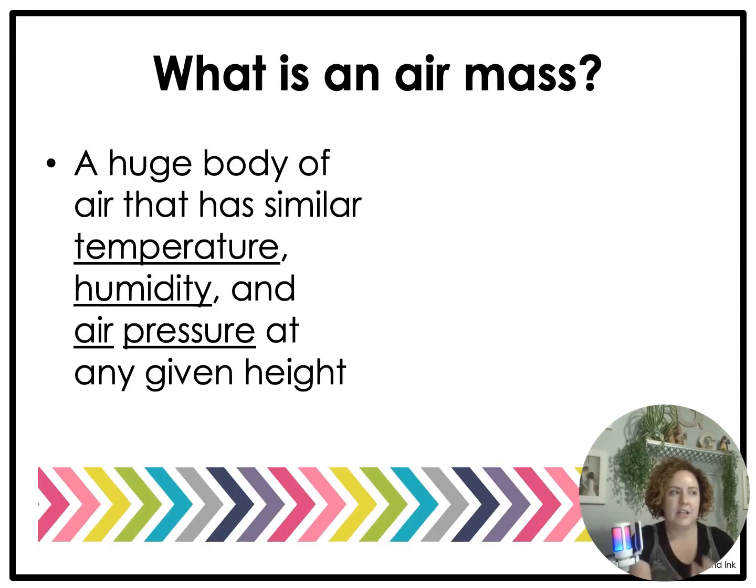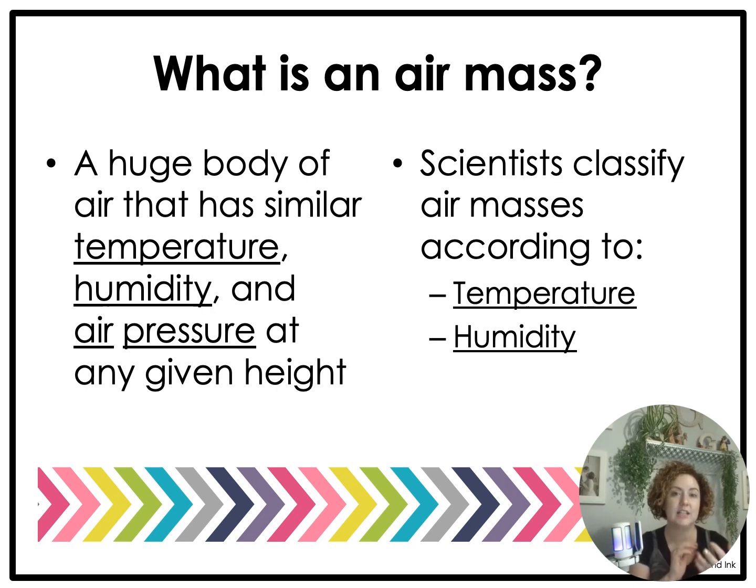Well, we know that an air mass is a huge body of air that has similar temperature, humidity, and also air pressure at any given height. So whether it is all the way down here at the surface or up to 15 kilometers into the troposphere, it should have the same temperature, humidity, and air pressure.